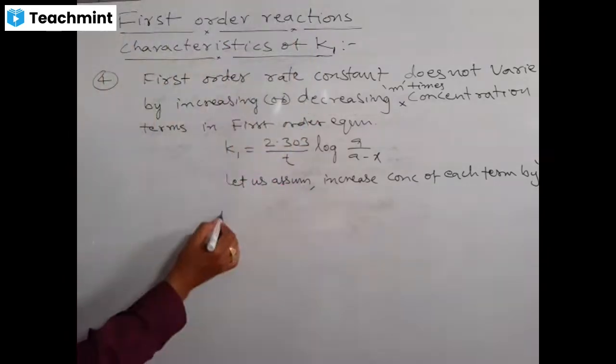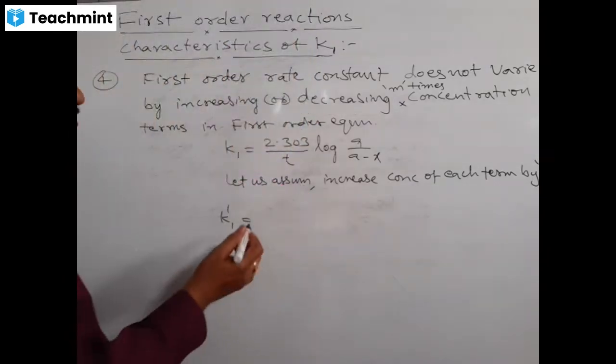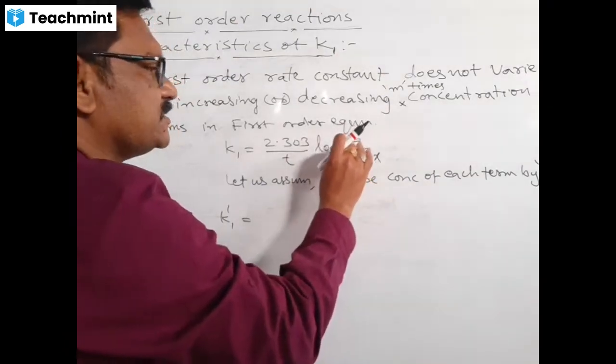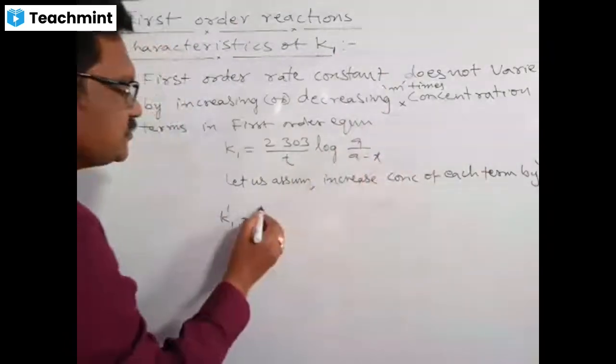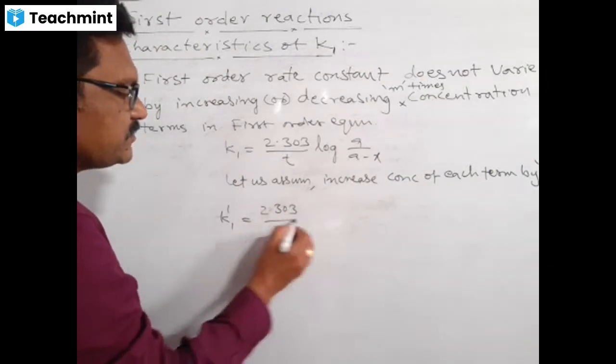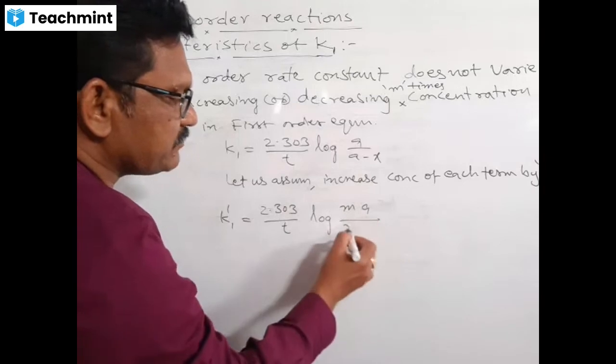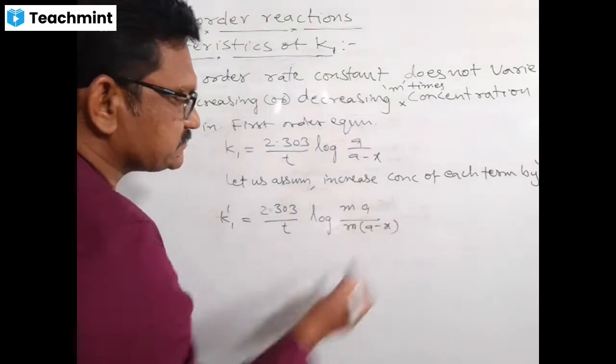So here what happens? K1 dash is equal to 2.303 by T log of MA by M of A minus X.